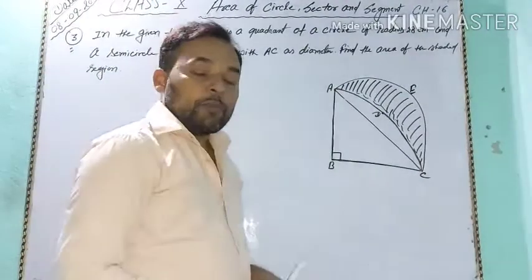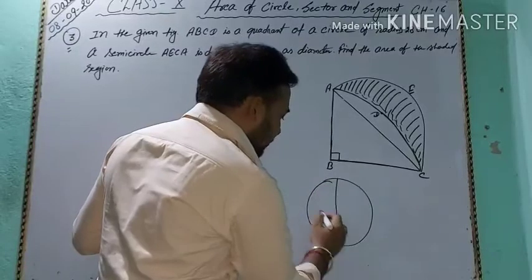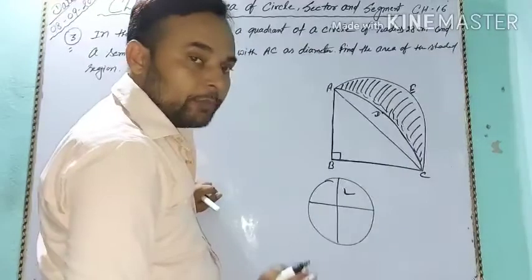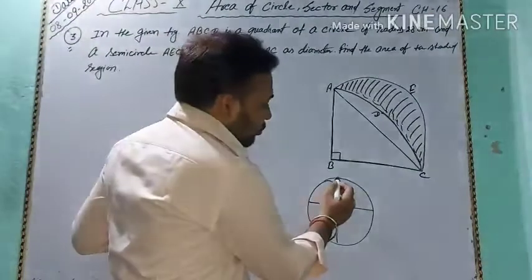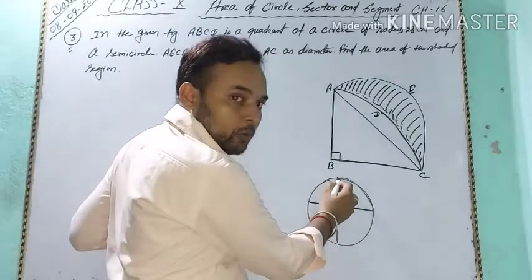What is the quadrant of a circle? So a circle divides into 4 equal parts and each part is called a quadrant of a circle. So each quadrant is in the form of a sector.